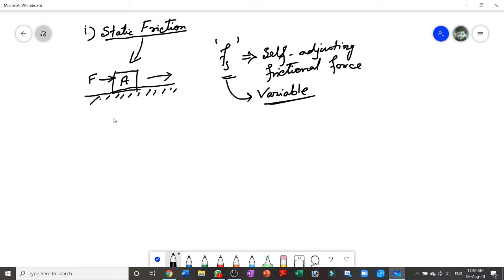That means it has a range of values, no fixed values throughout the path. If we want to push A over this surface, we have to gradually increase our force F so that we are able to move A over this surface. After a certain time we are able to move the block, but till then we cannot move the block.